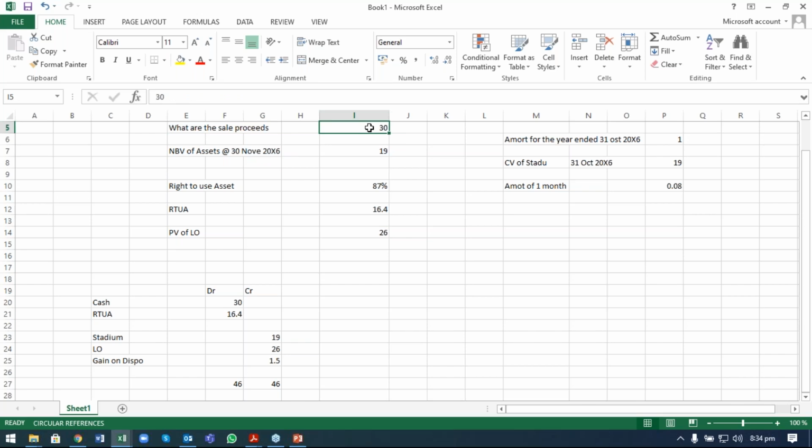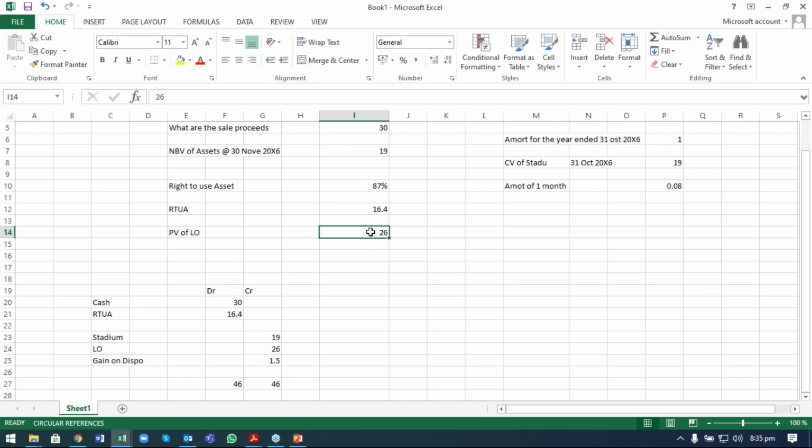Out of this 30 million rights, you have retained 26 million rights.